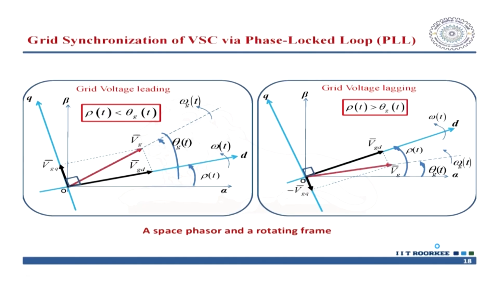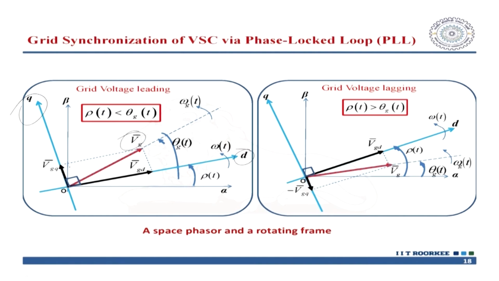So, ultimately this is your D axis component and this is your Q axis component, and with respect to the alpha beta component you get an angle, maybe rho t, where rho t is greater than theta g, and this is the grid voltage.